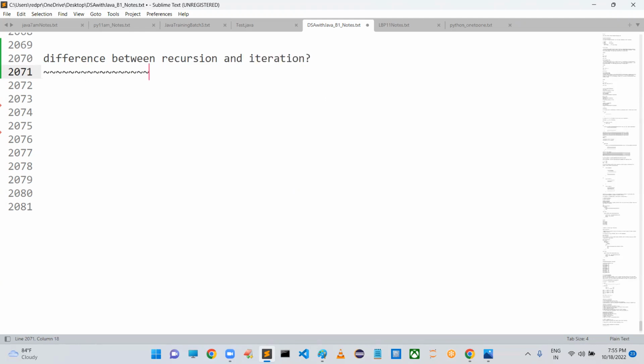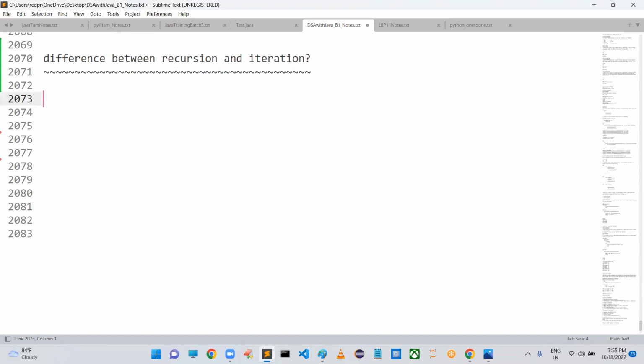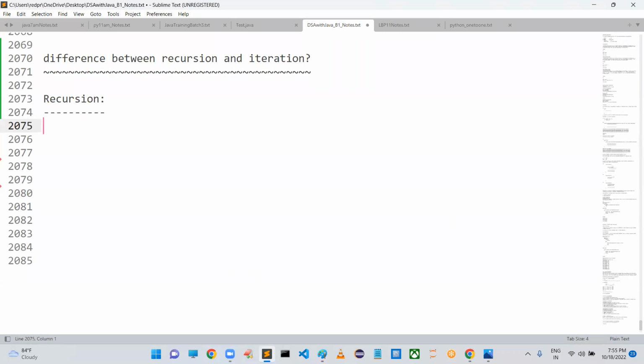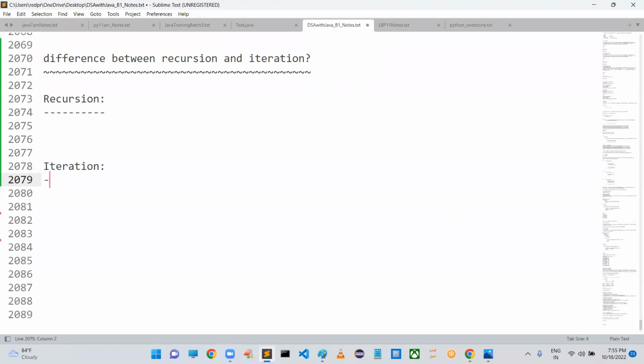Yes, of course, definitely there will be a difference. First I am going to take recursion. On the other hand, I am going to take iteration. Let us see what will happen. What is this recursion? First point, recursion is nothing but base condition. Base condition is required.